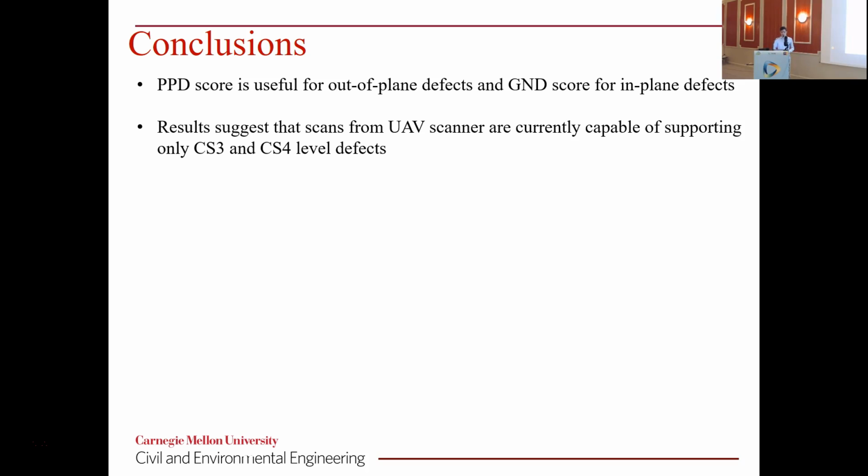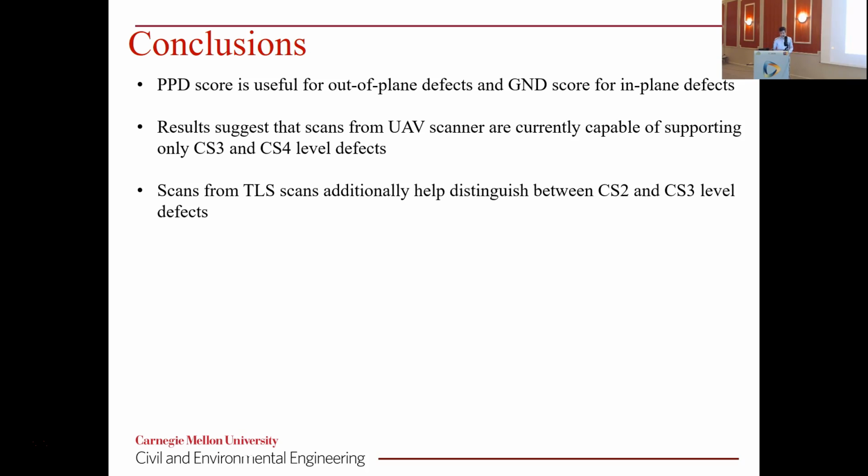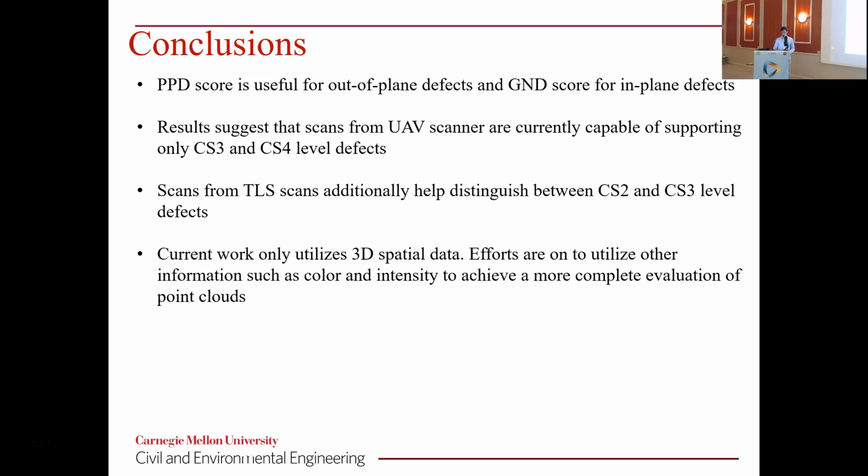We can also see that our results suggest that scans from UAV scanners are currently, at their current stages, capable of supporting only CS3 and CS4 level defects. And meanwhile, scans from terrestrial land scanners can additionally help to distinguish between CS2 and CS3 level defects.